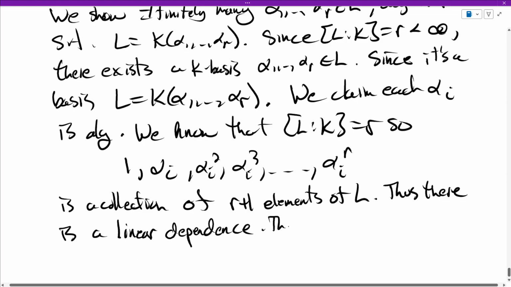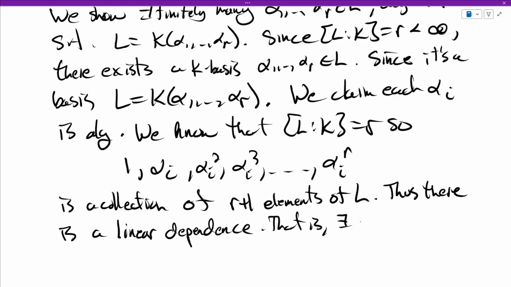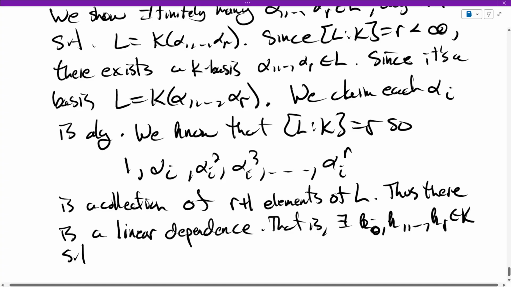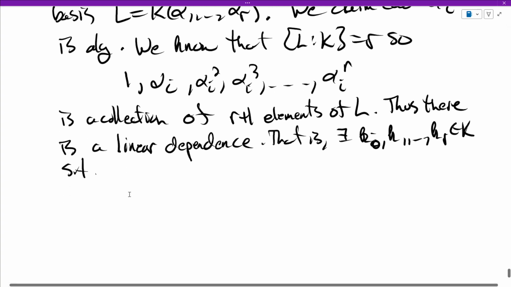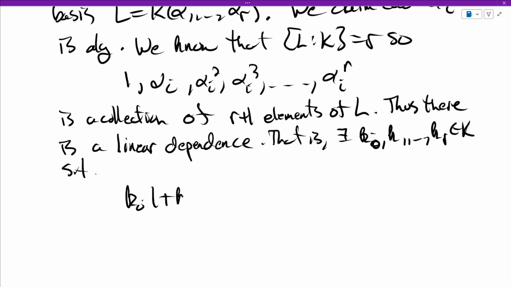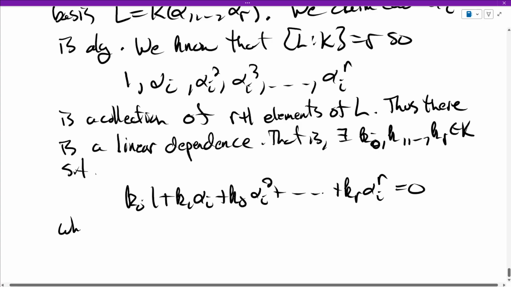That is, there exist K0, K1, all the way up to Kr in K such that K0 times 1 plus K1 times alpha I plus K2 times alpha I squared, all the way up to Kr times alpha I to the R is 0, where not all of the K's are 0.